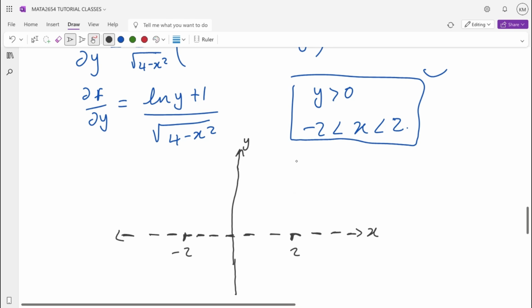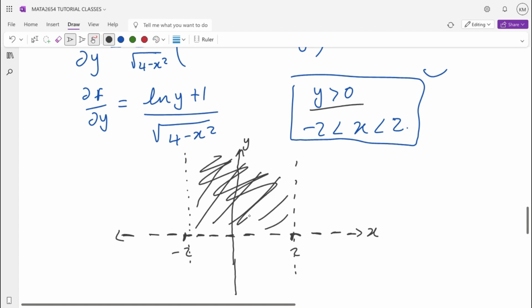I'm going to draw dotted lines vertically like that at minus 2 and 2. Then the last thing remaining is just to shade the region. We know that y must be greater than 0, and these are all the values up here and between minus 2 and 2. So this is the region where we have a unique solution, just like that.